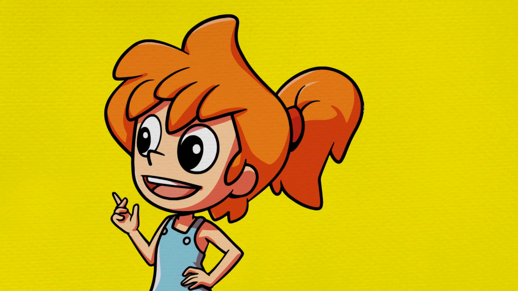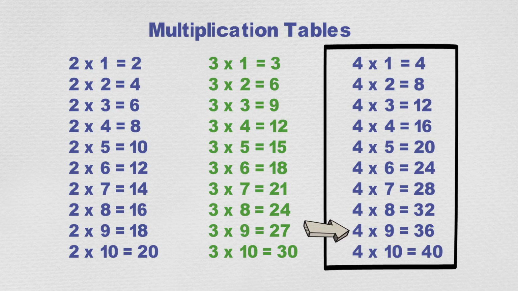"And look, we can also use these tables to work out how to share or divide a bigger number into equal smaller ones. I mean, if you had 36 lollies in a packet that you wanted to share equally with 4 friends, you can see here that you would give them 9 lollies each, because 4 times 9 equals 36."